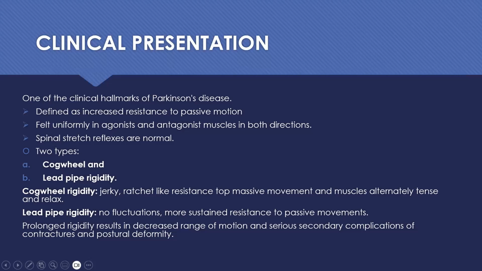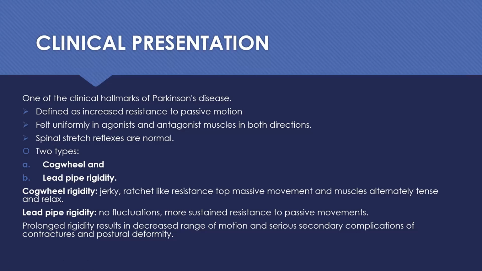Clinical presentation. One of the clinical hallmarks of Parkinson's disease is rigidity, defined as increased resistance to passive motion, felt uniformly in the agonist and antagonist muscles in both directions. Spinal stretch reflexes are normal.